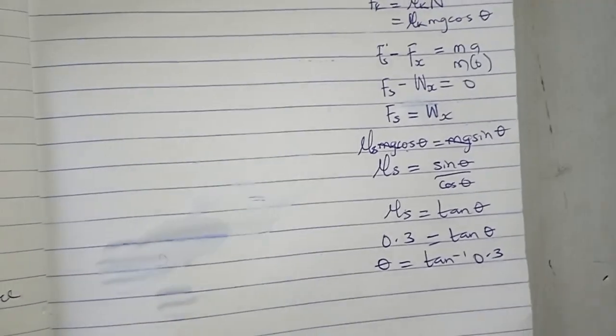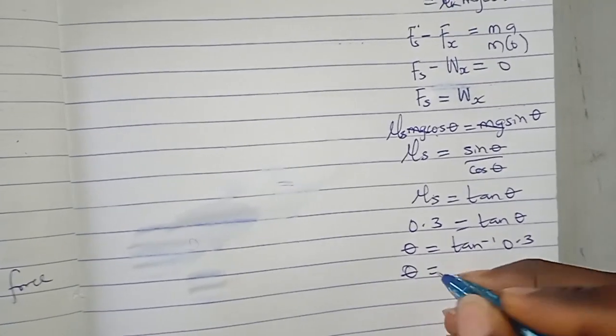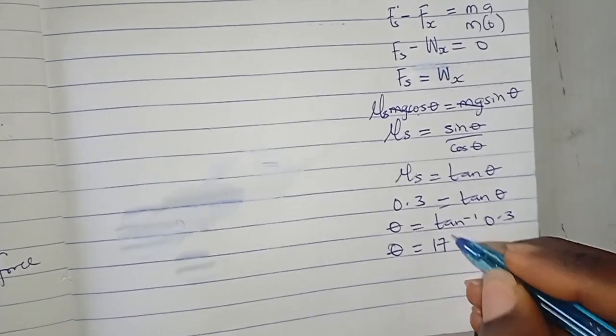So do tan inverse of 0.3; whatever you get, that's your answer. So we did it, and theta is equal to 17 degrees.